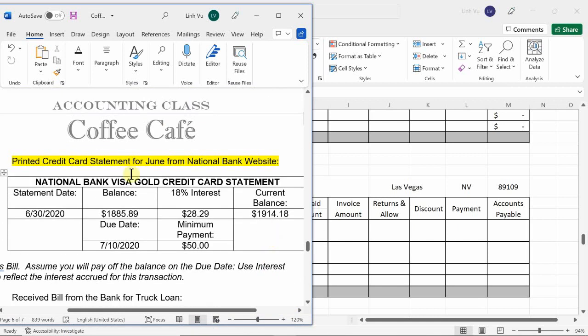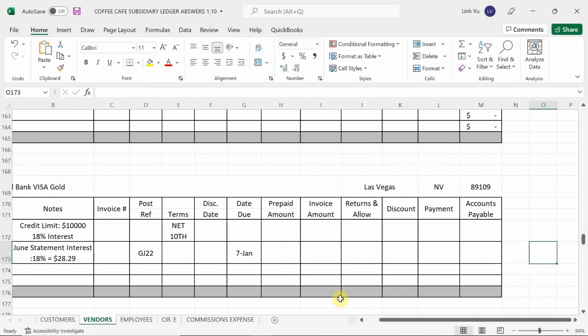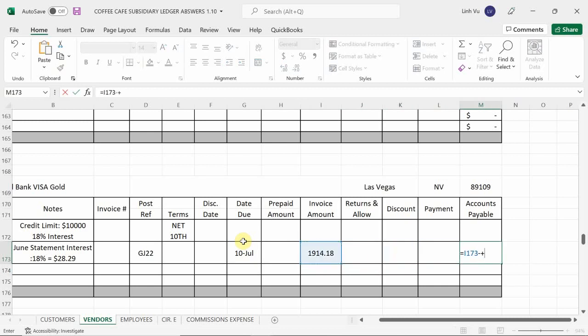Oh, sorry. Yes, 7/10 is when the due date is. My whole entire invoice amount is going to be 1914.18. All right, and that's what I owe on my credit card, including the $28.29 interest. Okay.